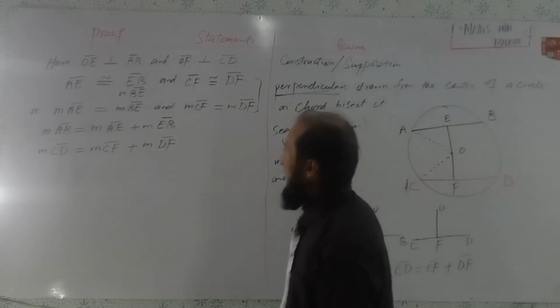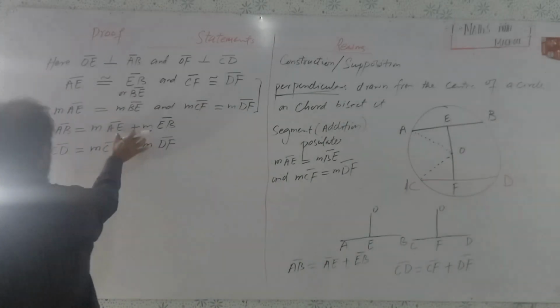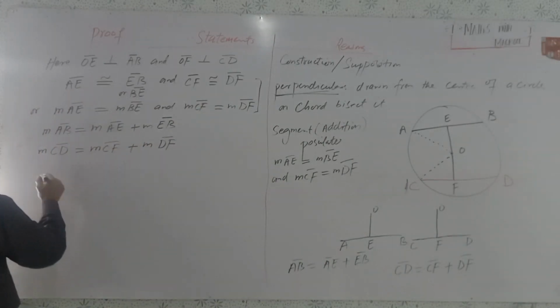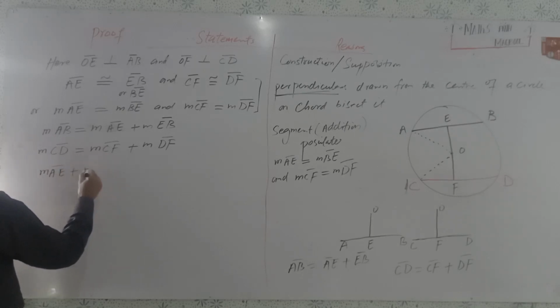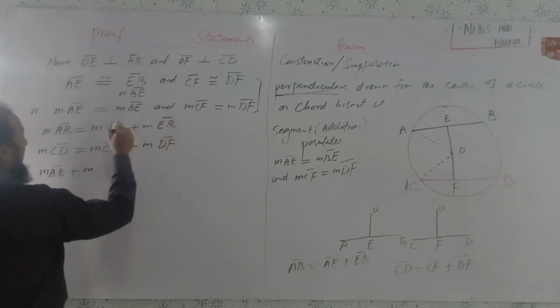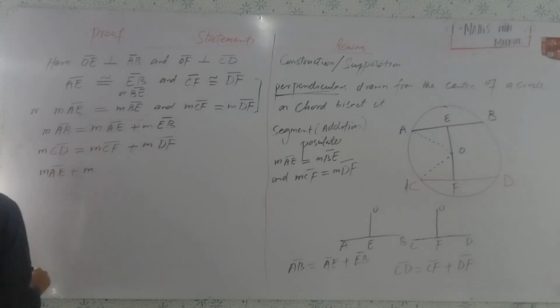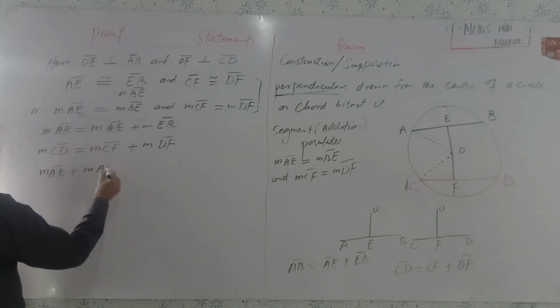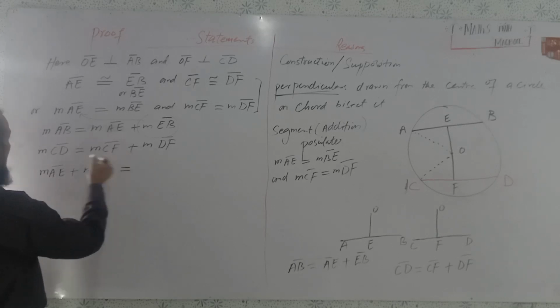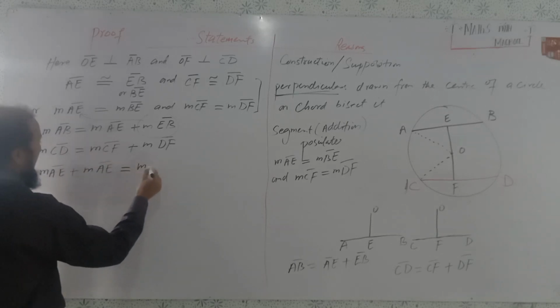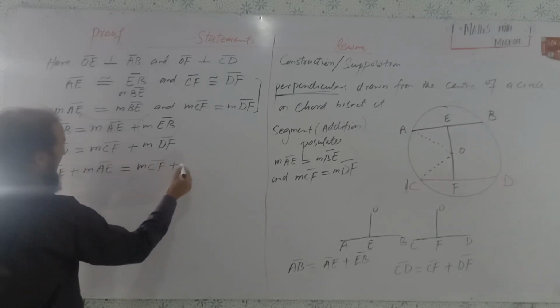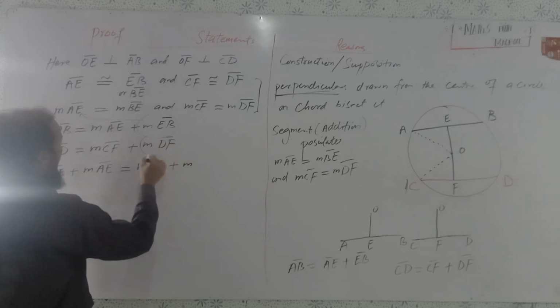From the above statements, we put the result: measurement AE plus measurement AE in the place of EB, plus measurement CF plus measurement CF in the place of DF.